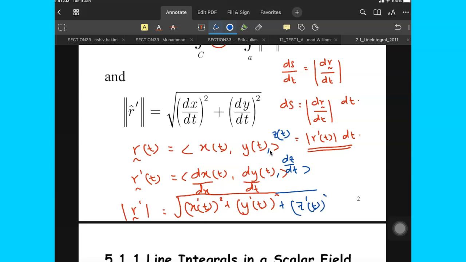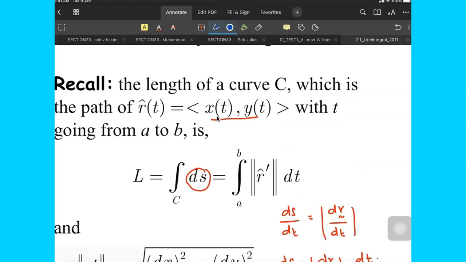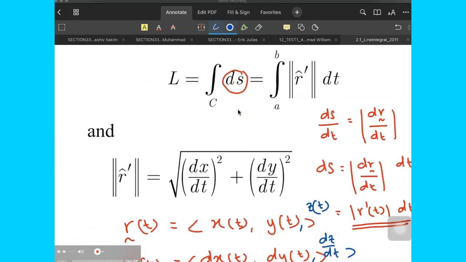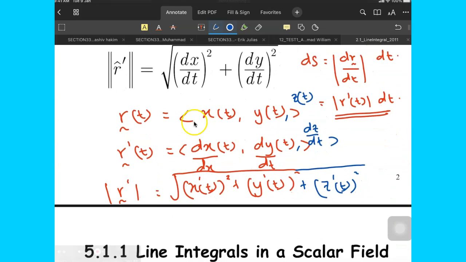So that is for 3-space, if your curve is in space in a 3D system. If your curve is in a 2D system, you just have x and y.